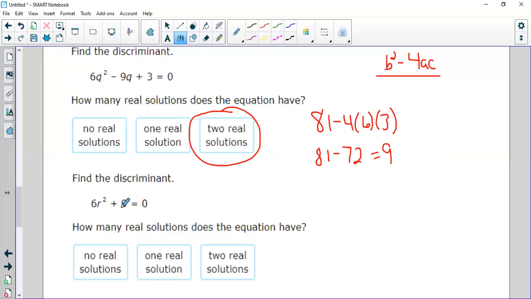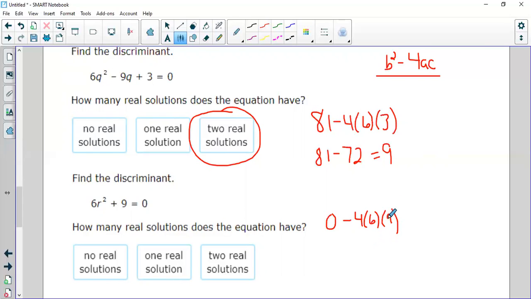All right, 6r squared plus 9 equals 0. Notice there is no b. This is the a. This is the c. So b squared minus 4ac, b squared is just 0. I don't even need that. Minus 4 times a, which is 6, times c, which is 9.